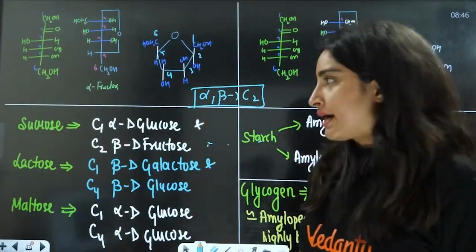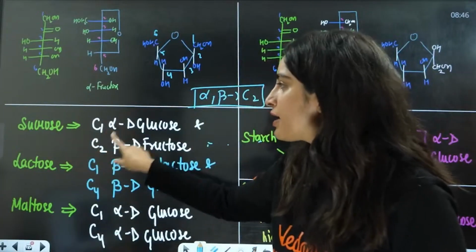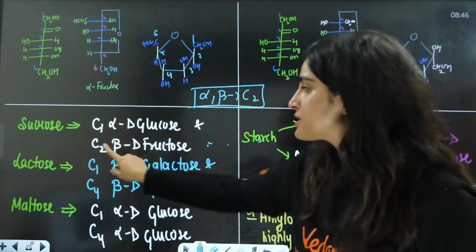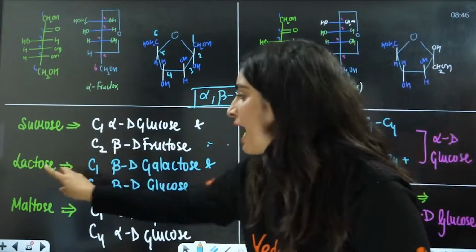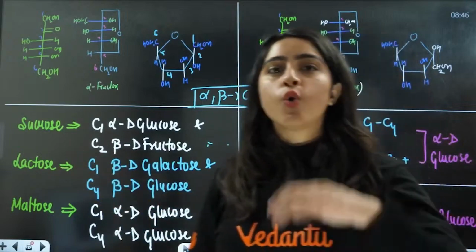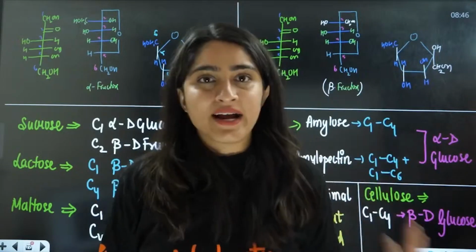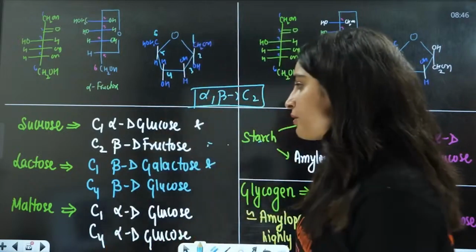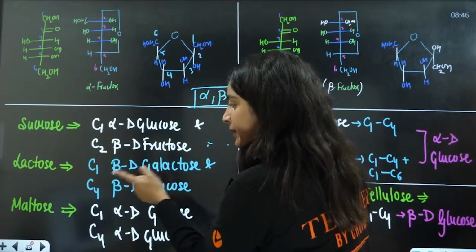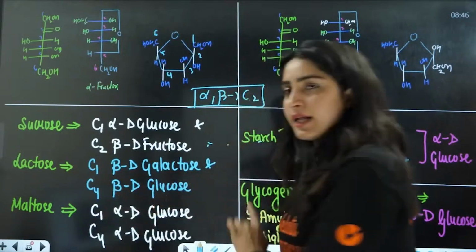Now let us see disaccharides. Sucrose is linked through C1 of alpha D glucose and C2 of beta D fructose. They can also ask you which 2 monosaccharides lactose gives on hydrolysis. That will be C1 beta D galactose and C4 beta D glucose.